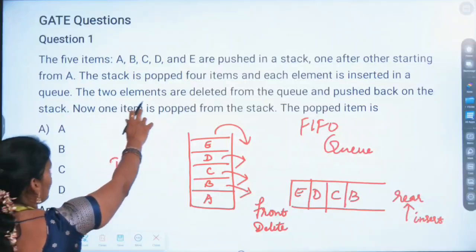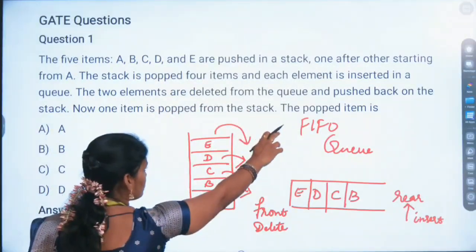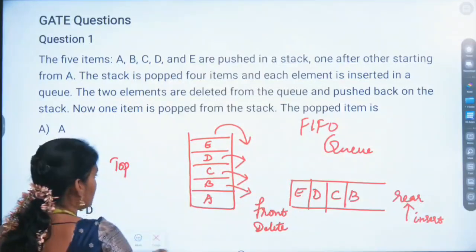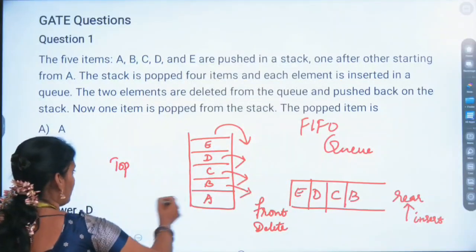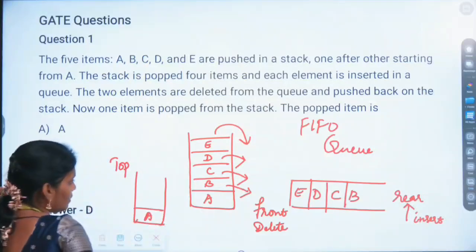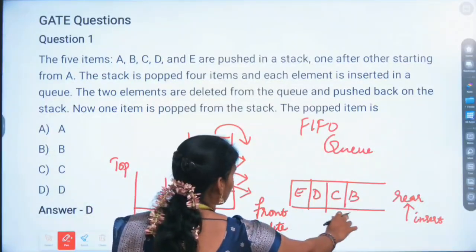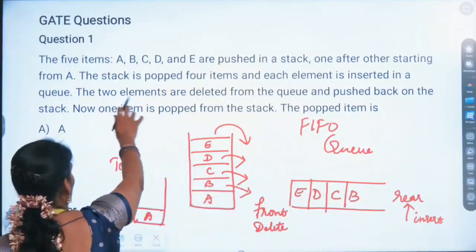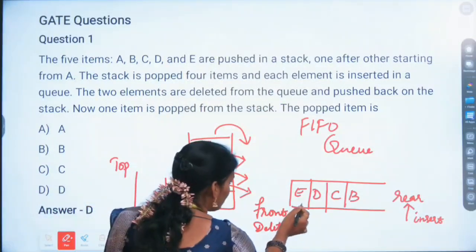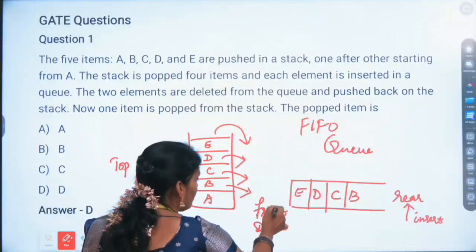Next, the 2 elements are deleted from the queue and pushed back onto the stack. After popping, we have only one element in the stack, that is A. In the queue we have inserted 4 elements, and 2 elements are deleted from the queue. In the queue, we have to delete elements from the front end.